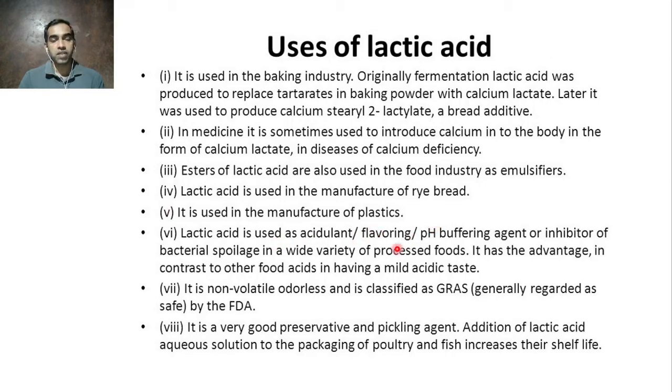It is used in the manufacture of plastic. Okay, this is very important because biodegradable plastic you can make using lactic acid. Note this point. It is called PLA, polylactic acid.